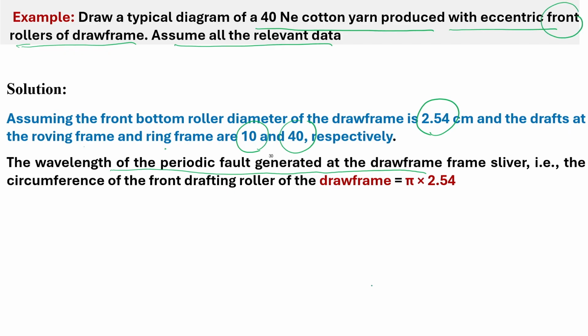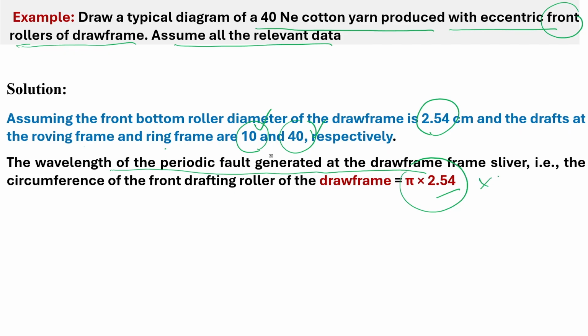The wavelength generated at the draw frame will be the circumference of the front roller, which is pi times 2.54, the diameter, in centimeters. Then it will be stretched by 10 times at the roving frame and 40 times at the ring frame.